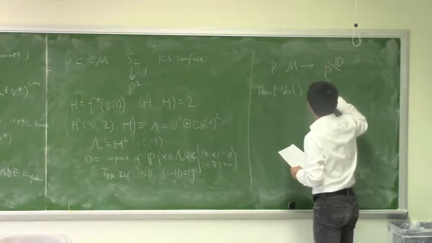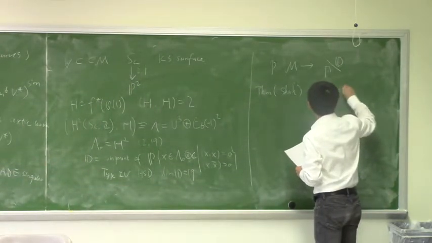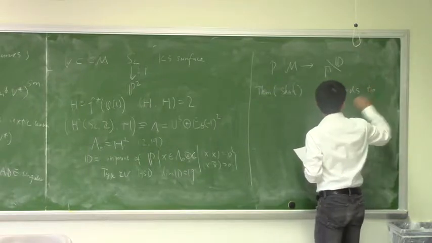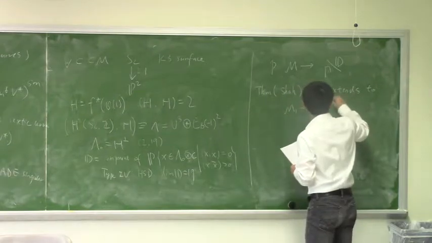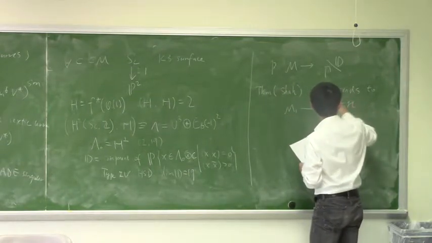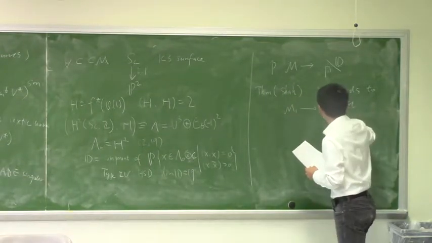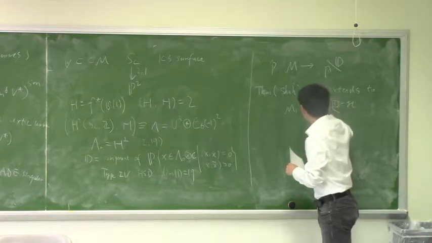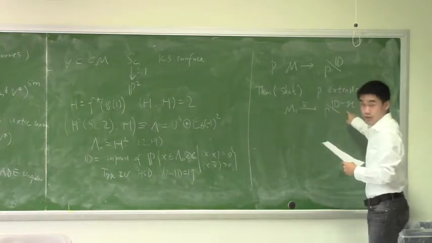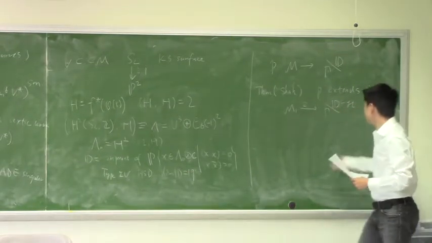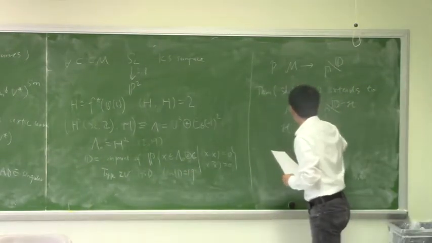So the period map extends, and this is an isomorphism. The image here is the complement of some hyperplane arrangement.